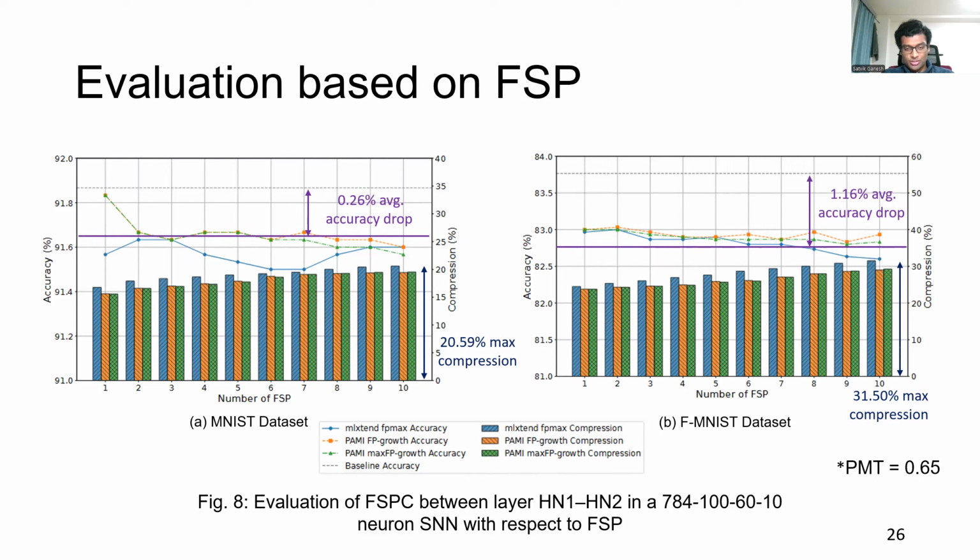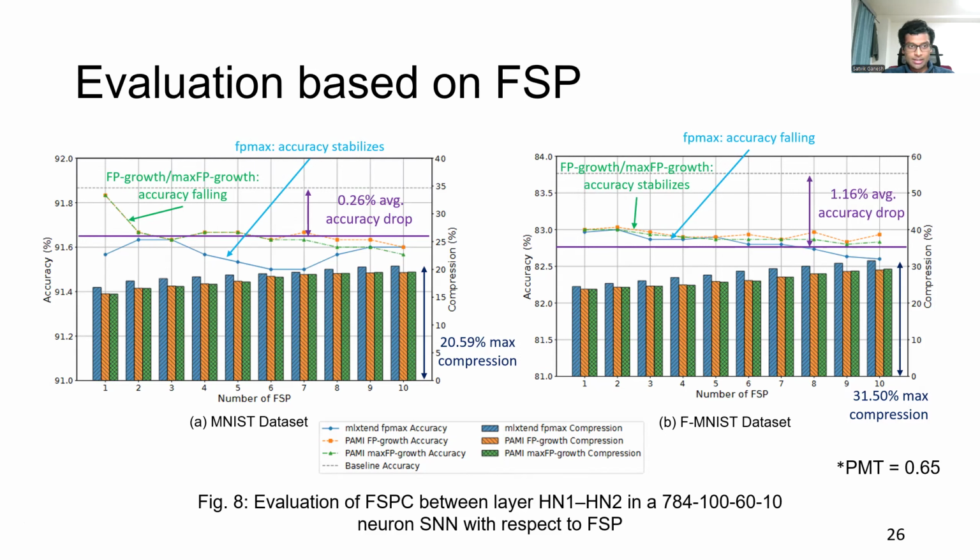Talking about max compression, we see a 20.59% max compression on the MNIST dataset and 31.50% max compression for FMNIST dataset. Talking about accuracy, we see that when using FP growth and max FP growth, the accuracy keeps on falling, whereas in FP max, the accuracy stabilizes for MNIST dataset. However, the opposite is true for FMNIST.